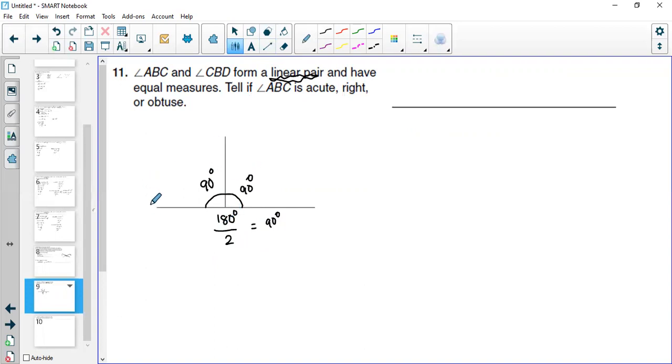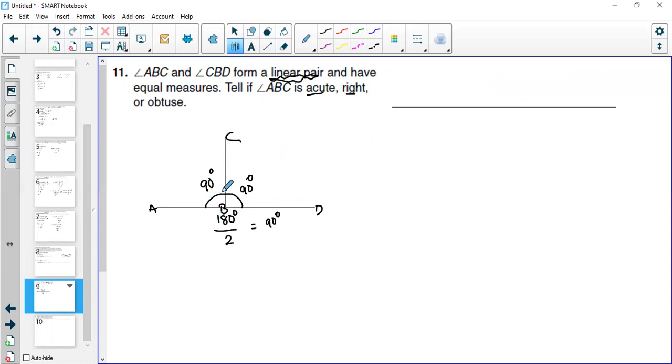So let me name this so that it will be more clear for you. This is angle ABC and CBD. So tell me, is angle ABC acute, right, or obtuse?